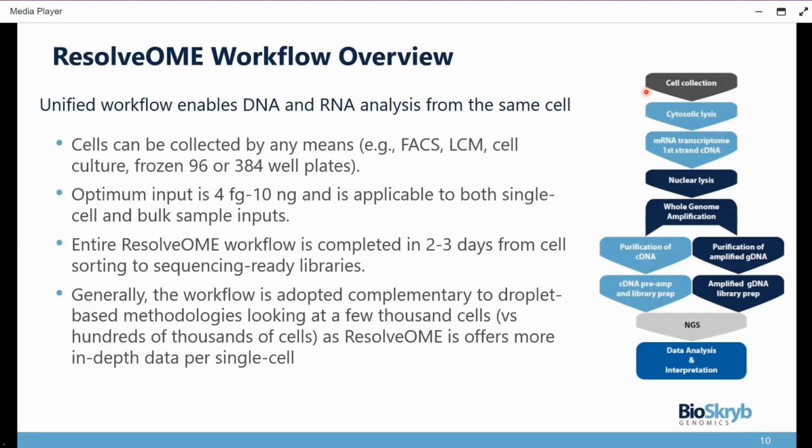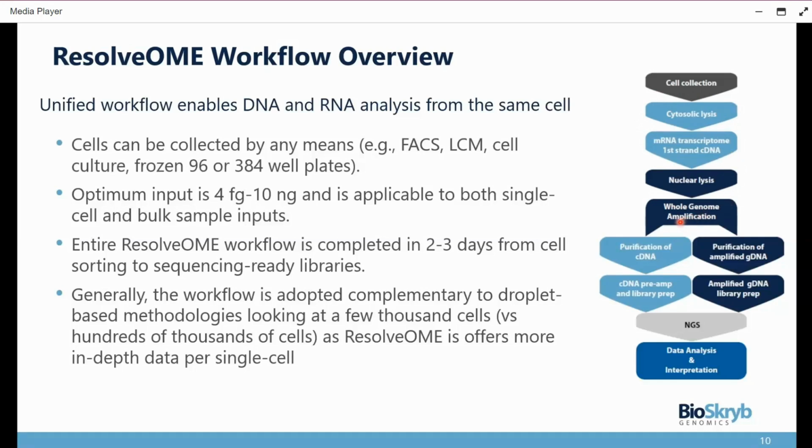Once those cells are collected, we perform a cytosolic lysis to permit the first strand cDNA synthesis to take place. Once that's complete, in the same well, the Resolve-Ohm chemistry then performs a nuclear lysis to disrupt the nuclear membrane to enable the amplification of the genome. All of this is taking place in the one well. The cell is not split at all.